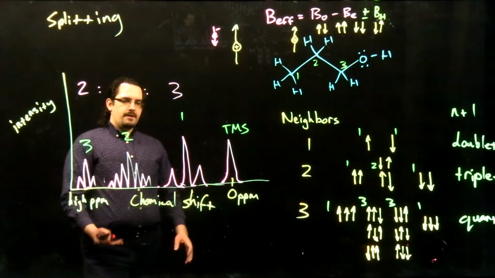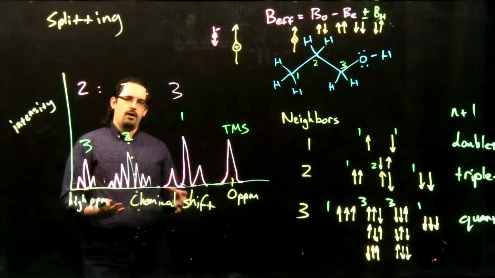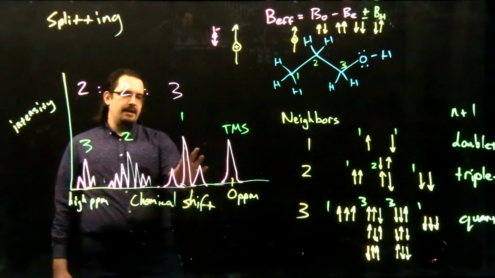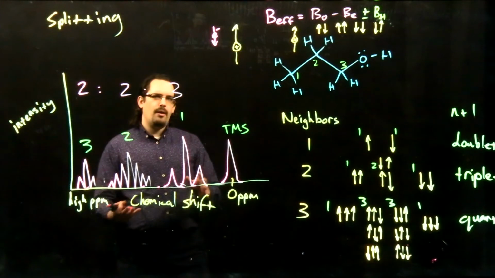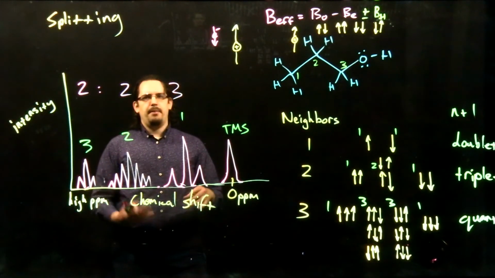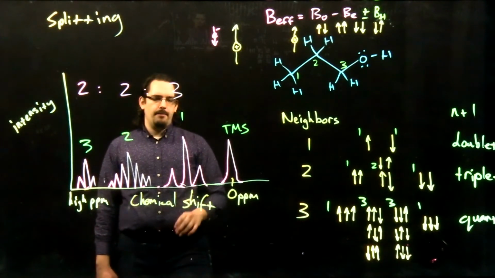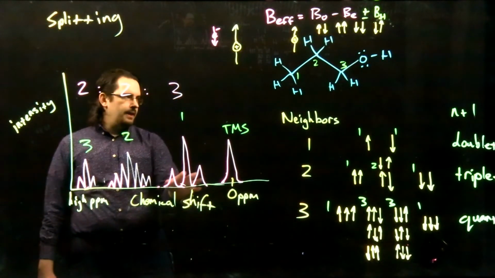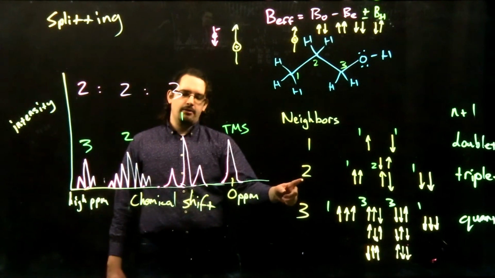So now from our splitting pattern, we can start to look at what our overall structure of our molecule is. Right? So again, when we have these peaks over here at lower chemical shift values, we know that means that we're far away from electronegative atoms. But that doesn't necessarily help us place that group in our molecule. Well, now if we look at our peak splitting, 3 peaks means we have 2 neighboring hydrogens.